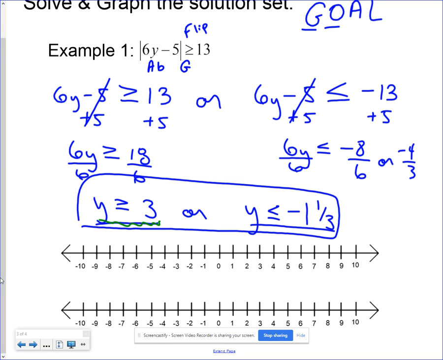Y is greater than or equal to 3 will be a closed dot at 3, shaded to the right. Okay? Let's do the other one in red. That would be y less than or equal to negative 1/3 would be a closed dot at negative 1/3, shaded to the left.